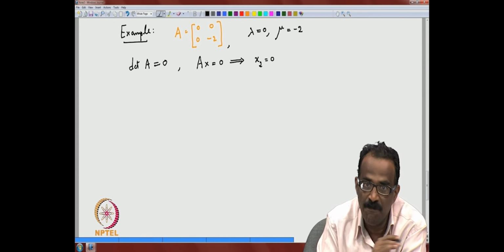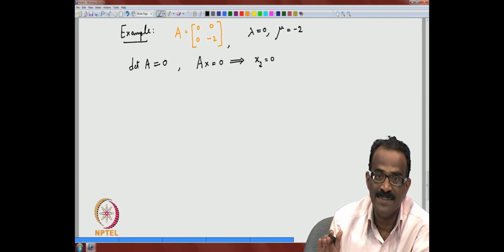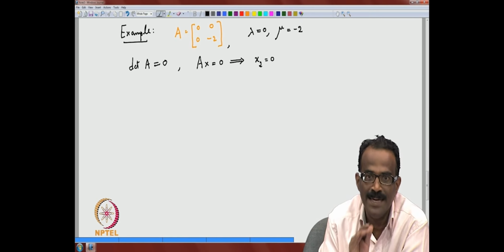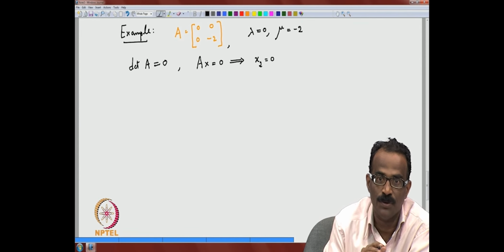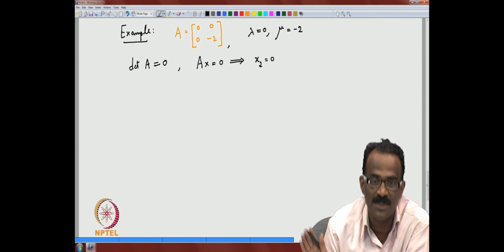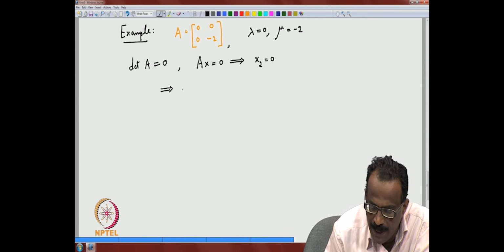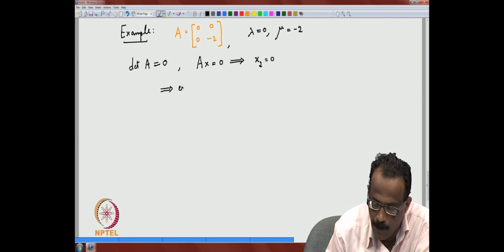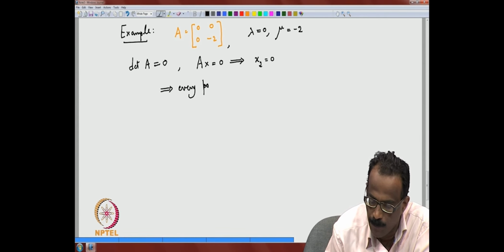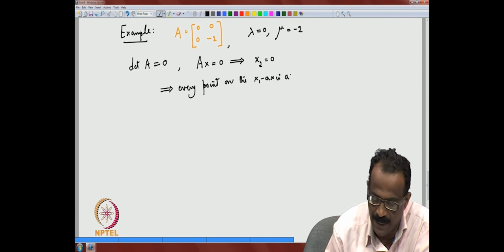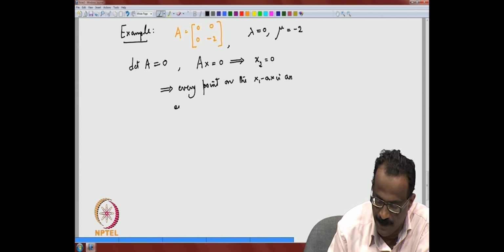The first component it does not give you anything about, because Ax equal to 0 does not put any conditions on the first component of x. That implies every point on the x1 axis is an equilibrium point, you see.